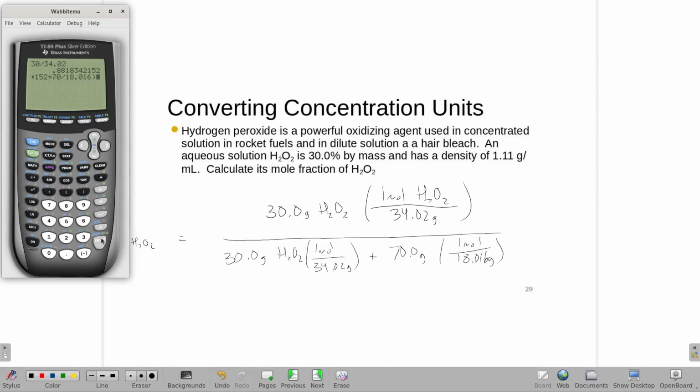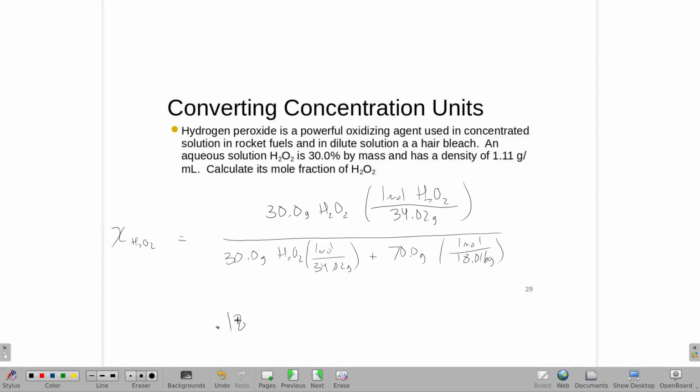Close those parentheses, equals, I get a mole fraction of 0.185. Again, no units, because it is a mole fraction.